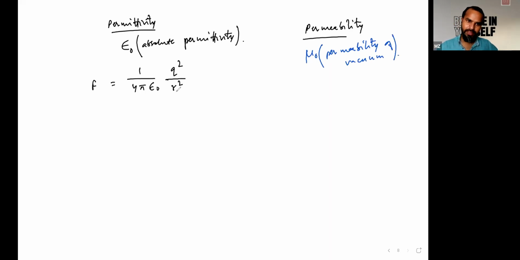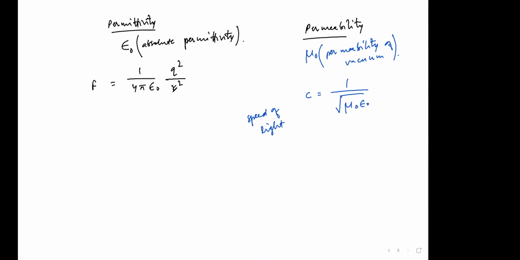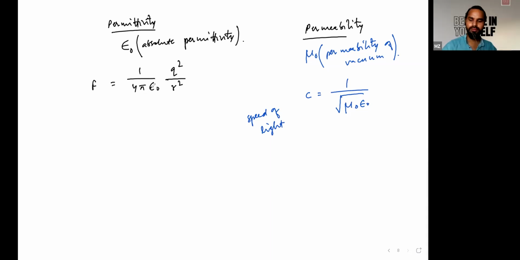There is a relation between these two terms: C is equal to 1 by root under mu naught epsilon naught. C is nothing but the speed of light. So just find the dimension from this part, put it here, and try to obtain it for mu naught. Is it clear? Yes, sir. Okay, first of all, try to find epsilon naught.